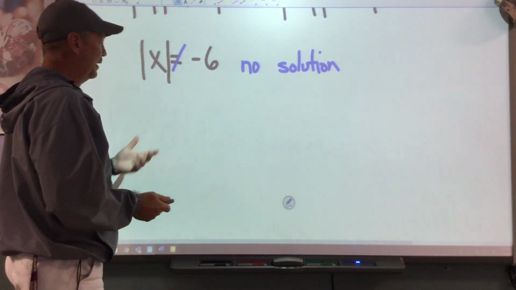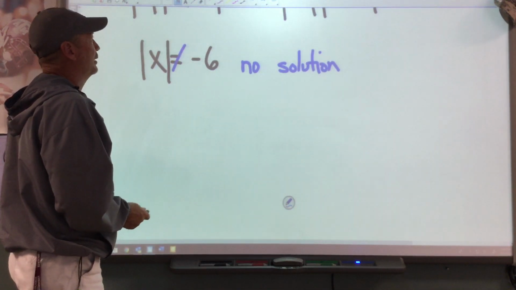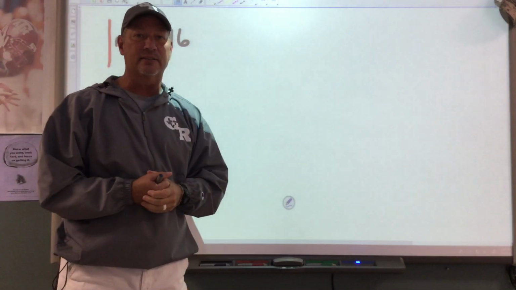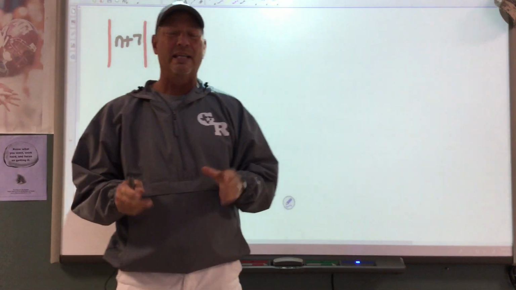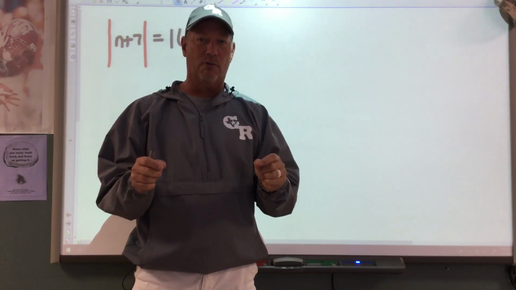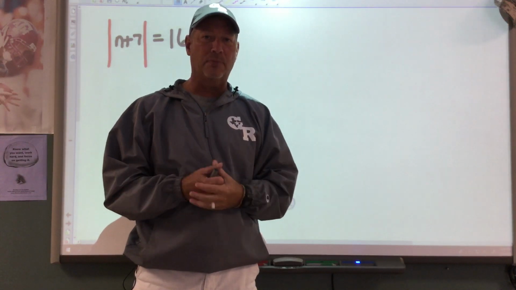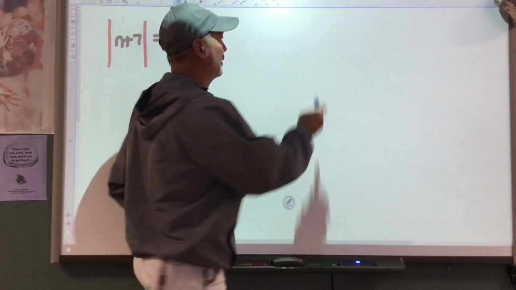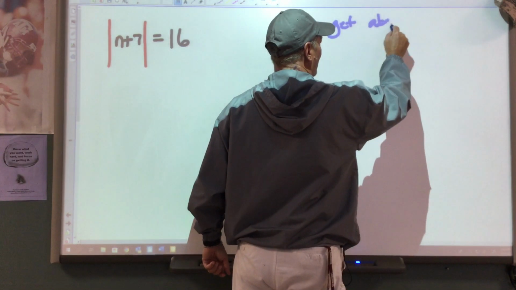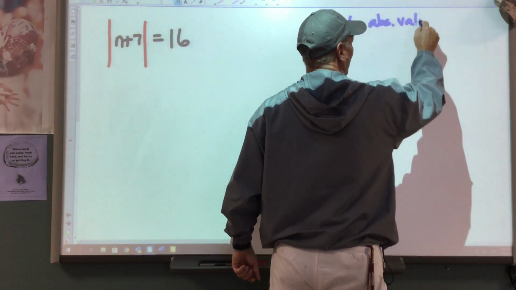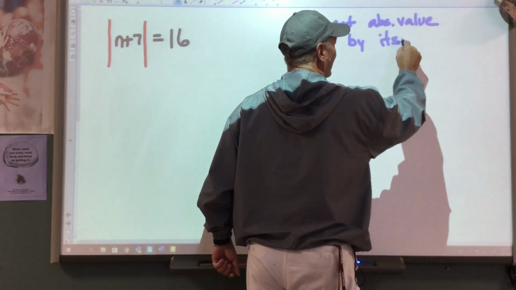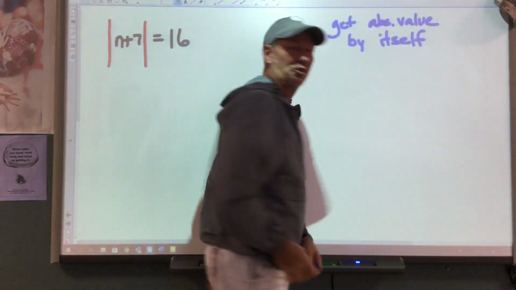If I give you a situation like this, my goal is to get my absolute value by itself. Once you get your absolute value by itself, that's your number one thing.